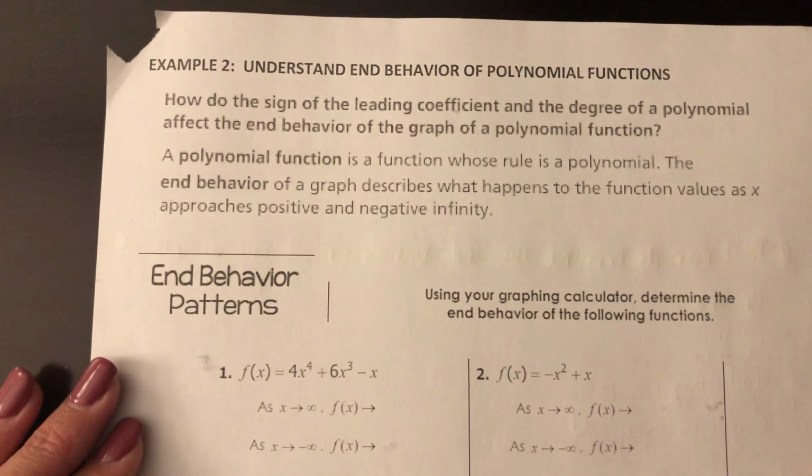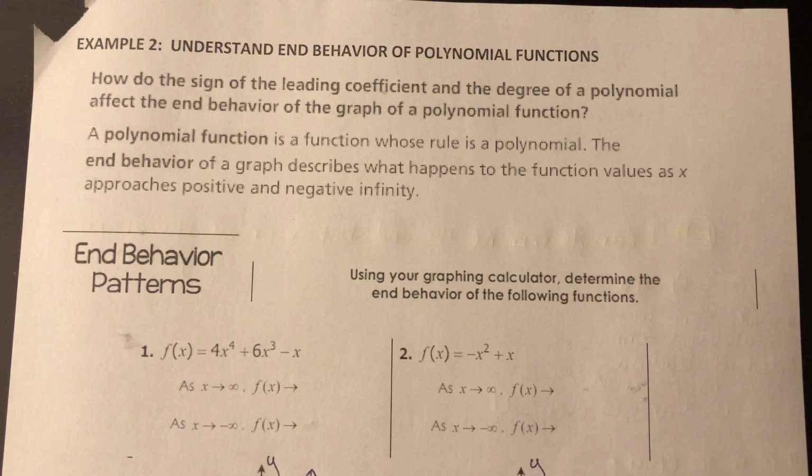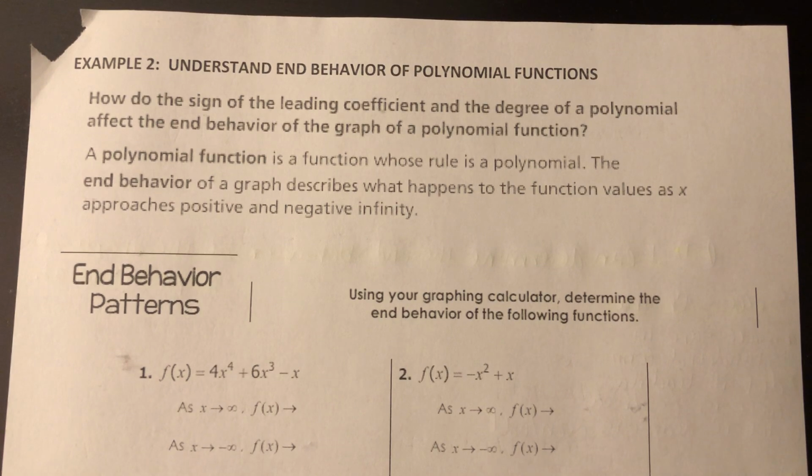I'm on page 3 now. And this is the end behavior. So end behavior is describing what the graph is doing on the left side and the right side, on the ends. What is the end behavior of the polynomial graph? Okay?